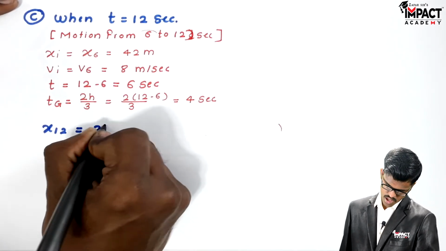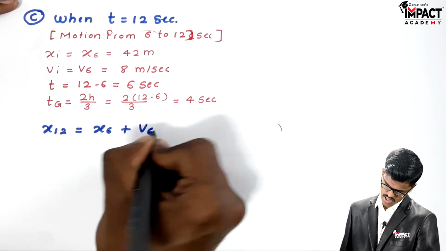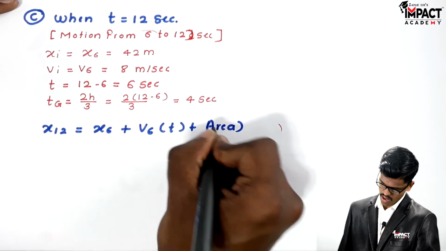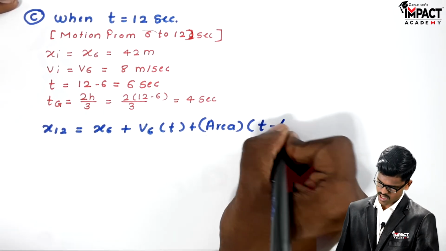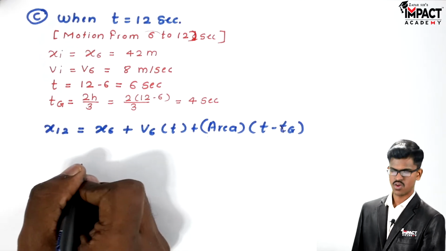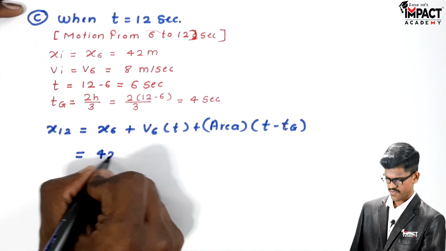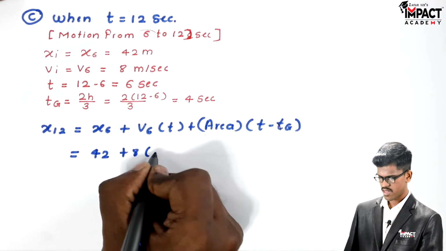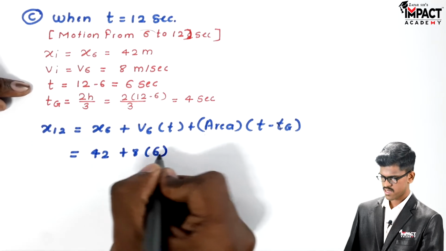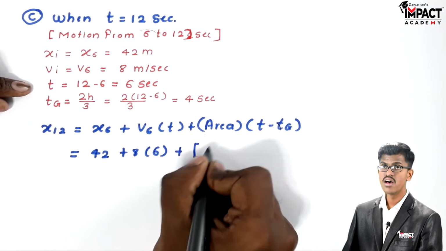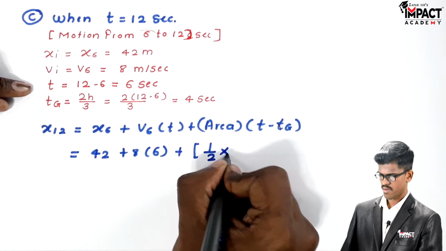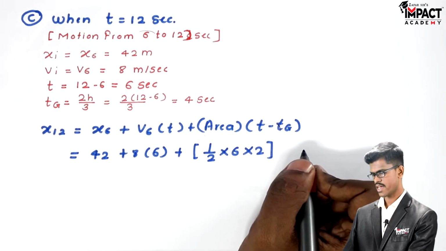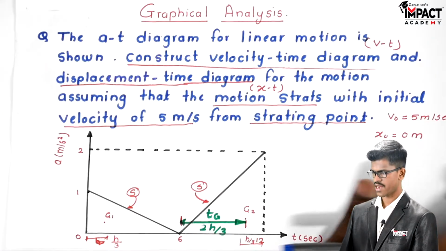So let's find out x12. x12 is equal to x6 plus v6 into t plus area into t minus tg. So x6 is 42, v6 is 8, t is equal to 6, area will be half, base is equal to 6, and height is equal to 2 for this right angle triangle.